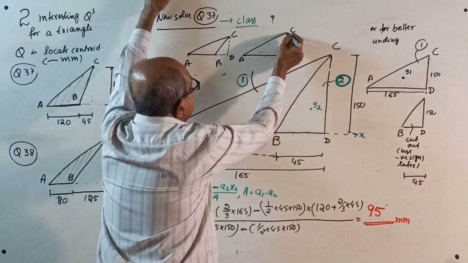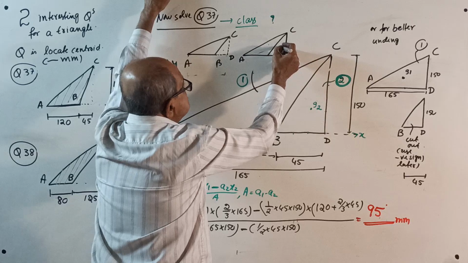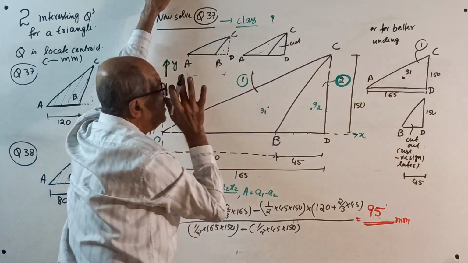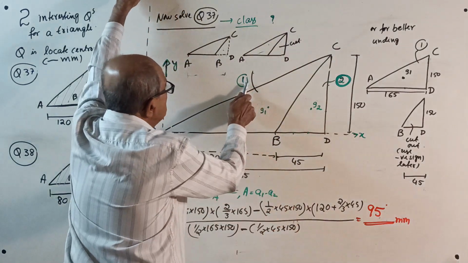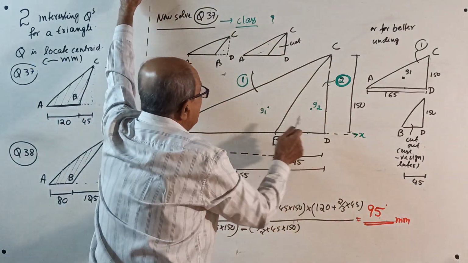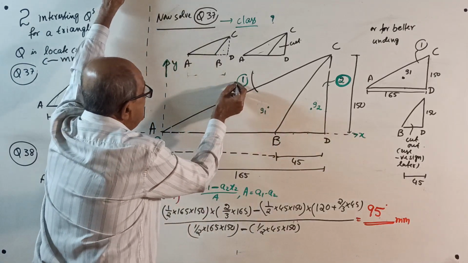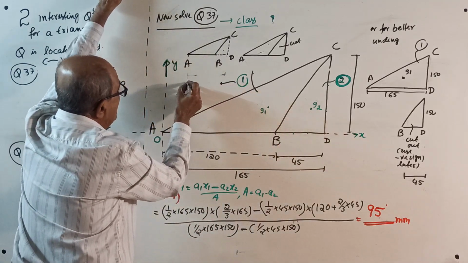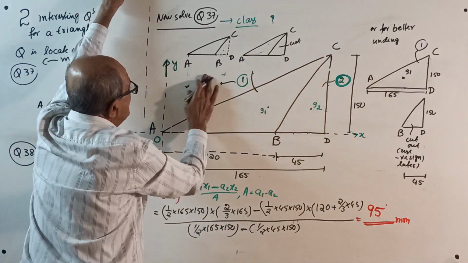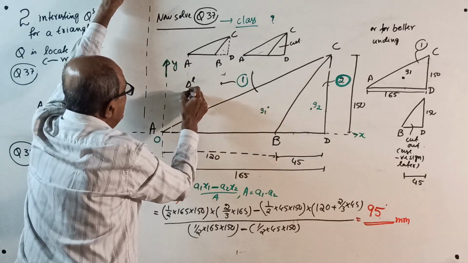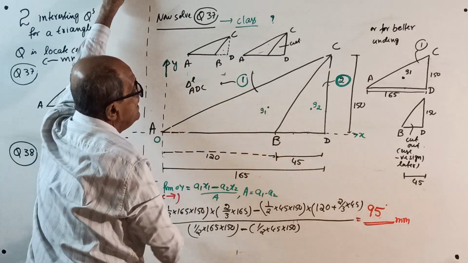From this triangle, imagine this is cut out. For a better understanding, figure number 1 is the full triangle ADC.